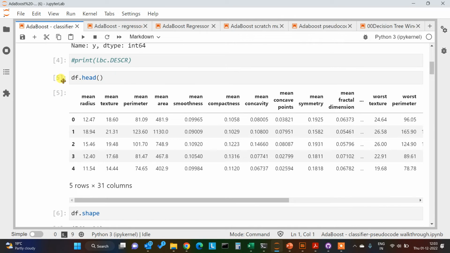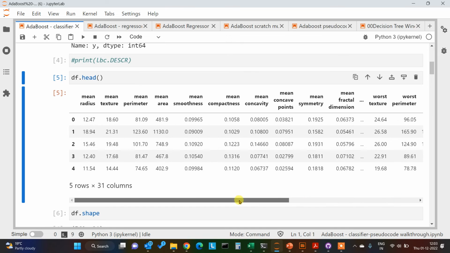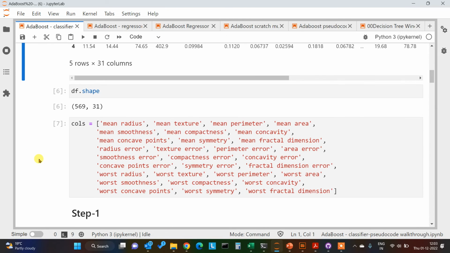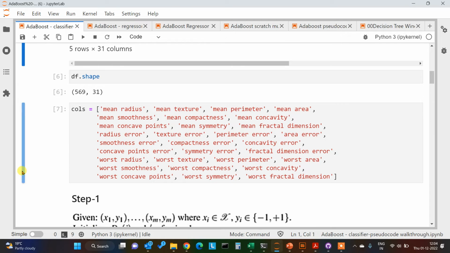These are the kind of variables it has: mean radius, mean texture, perimeter, area. So it is some information about the tumor that the patient got. And finally we know whether it is a cancerous tumor or a benign tumor, so 1 and -1 would indicate that. Columns gives us the names of the features: mean radius, mean texture, and so on and so forth.